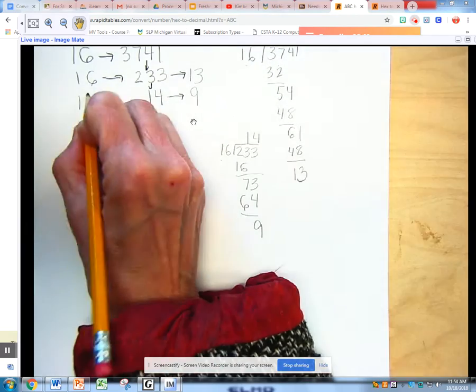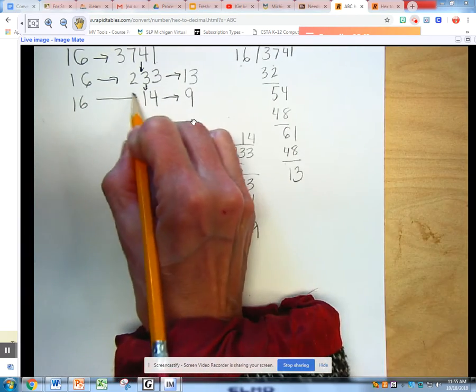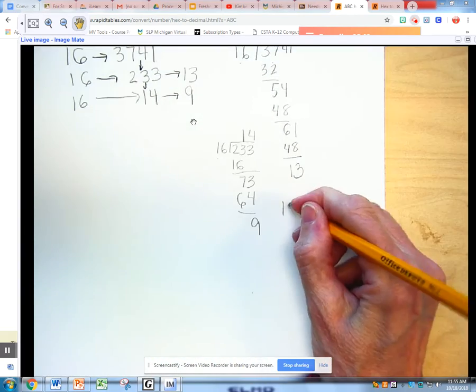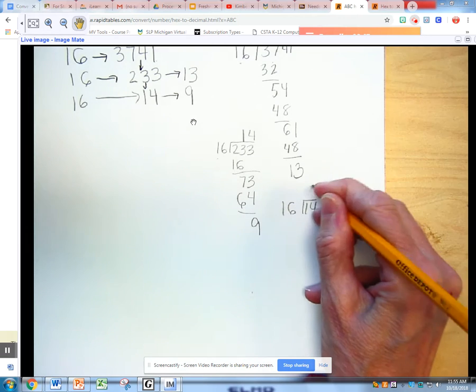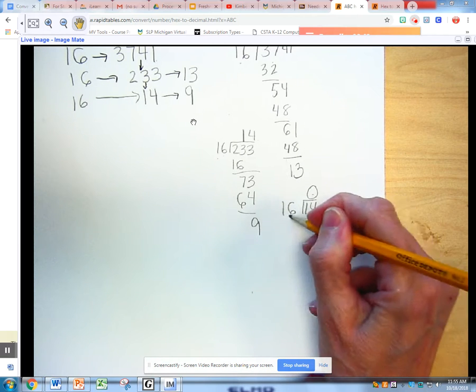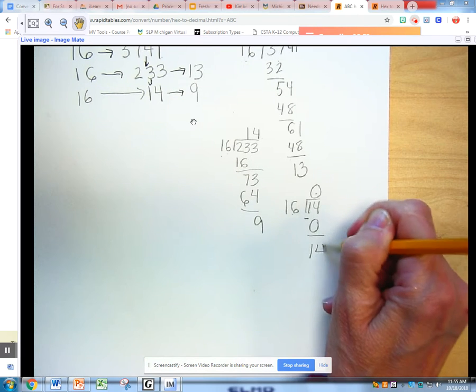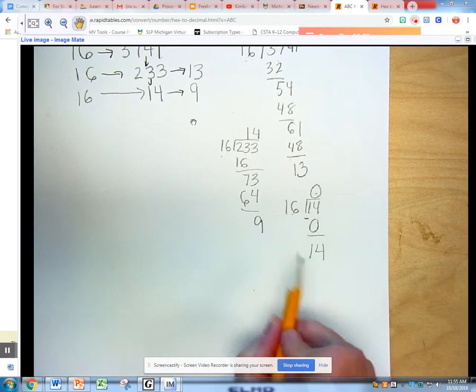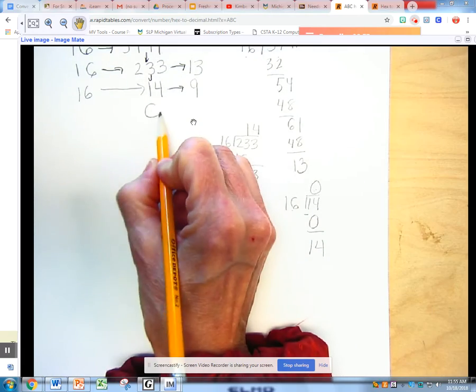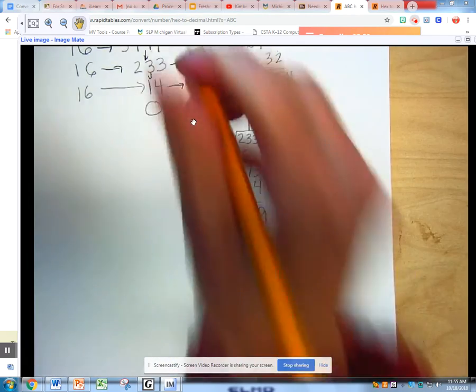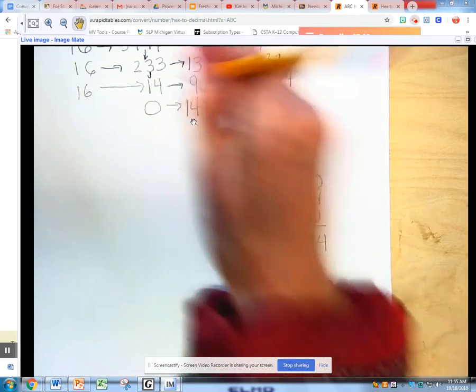So I'm going to go 16 into 14. 16 goes into 14 0 times. 0 times 16 is 0 with a remainder of 14. So the final step is to put 0 under the 14 and the remainder 14 to the right.